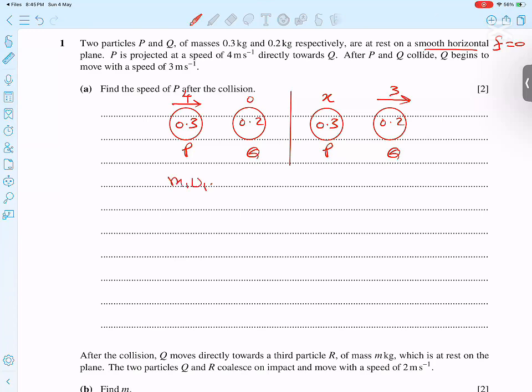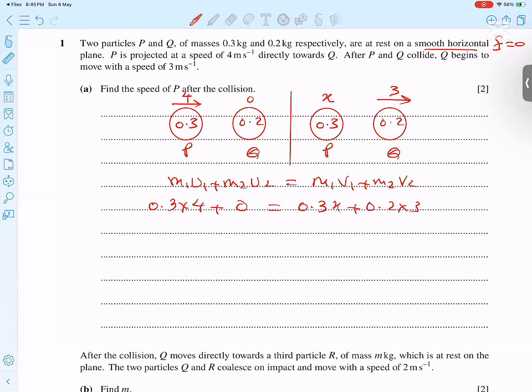m1u1 plus m2u2 is equal to m1v1 plus m2v2. So I multiply mass 0.3, speed is 4. So 0.3 into 4 plus 0, because their speed is 0, equals 0.3 times x and 0.2 times 3.